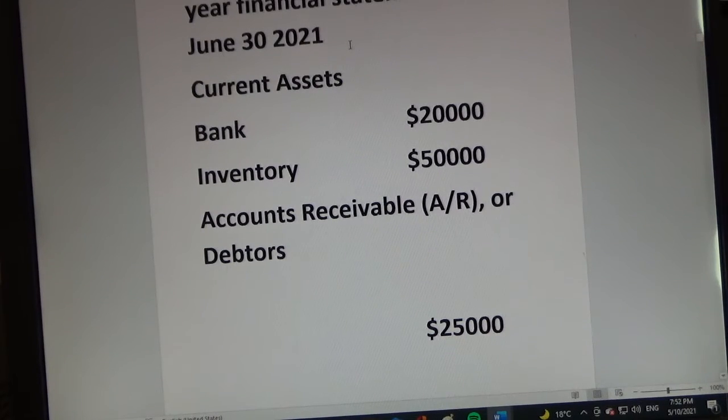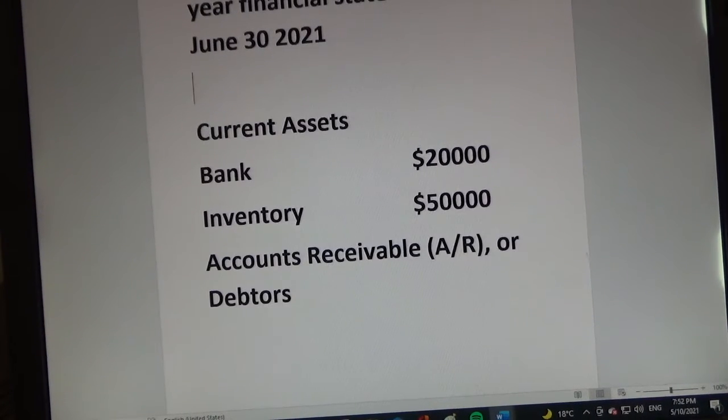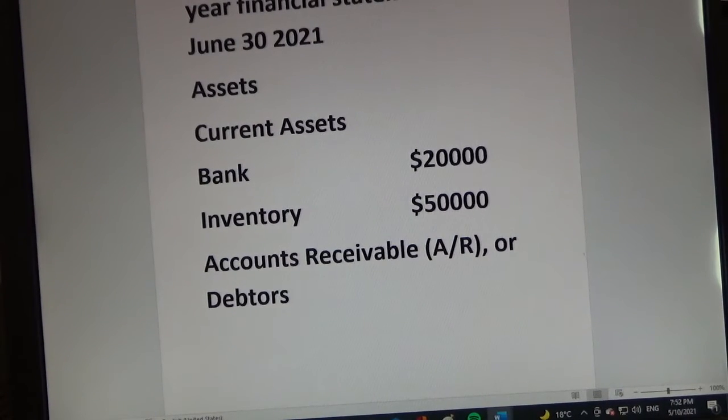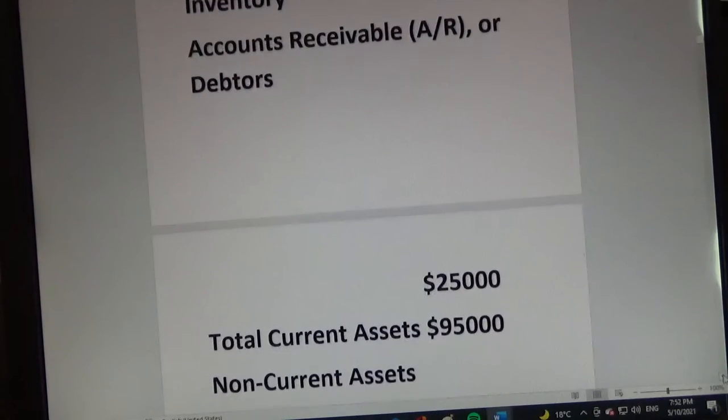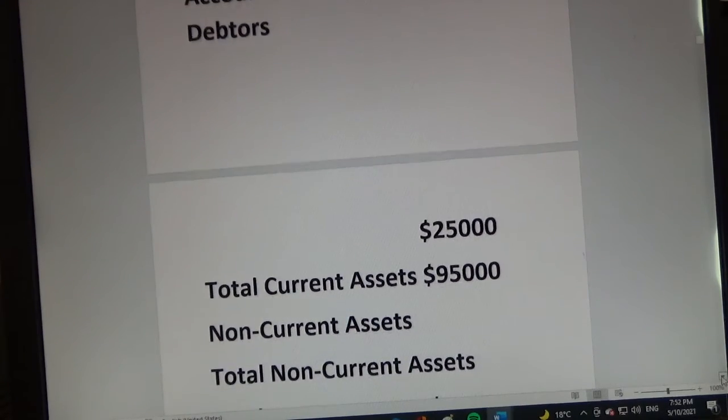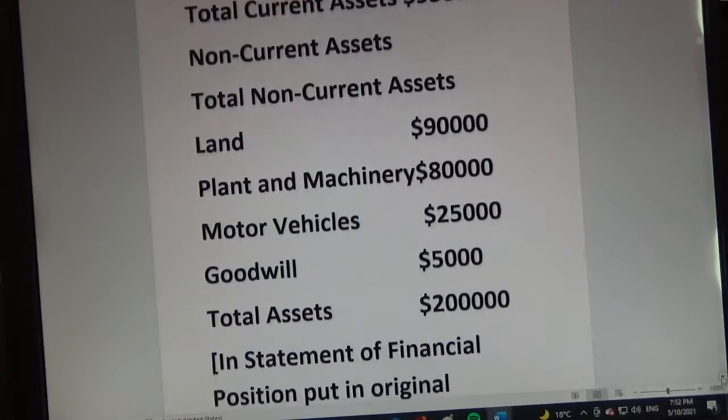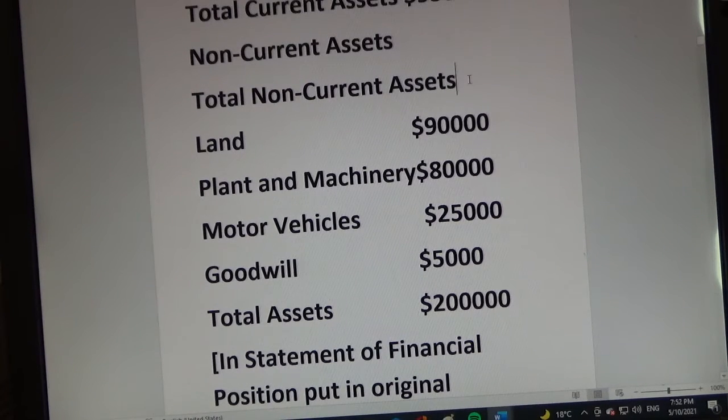First we list the assets. We start with current assets: bank $20,000, inventory $50,000, accounts receivable, also called debtors, $25,000. So the total current asset figure is $95,000. Then we list the non-current assets, and you've got to find the total non-current asset figure.